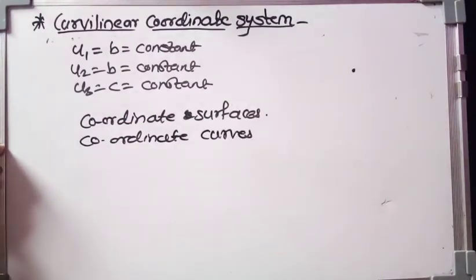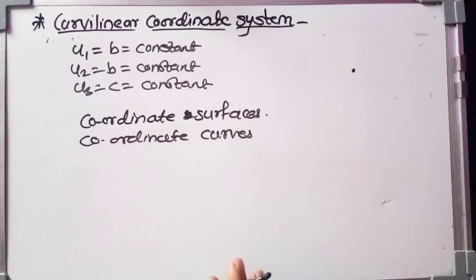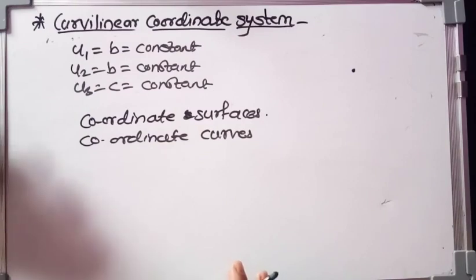On each coordinate surface one coordinate is constant and the other two coordinates are variable. The coordinate surfaces and coordinate curves of curvilinear coordinate system are shown in the figure.